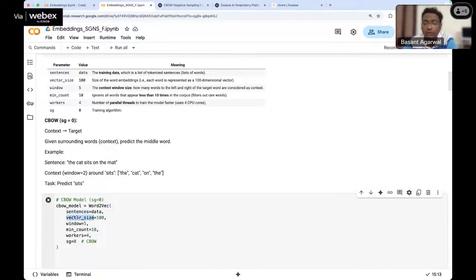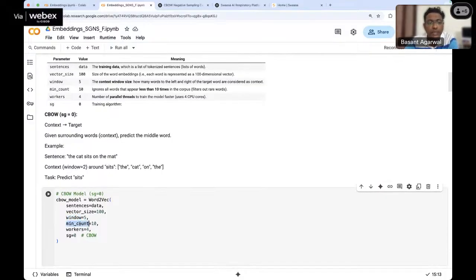Next is the word vector size. Vector size is 100, meaning I want the representation of each word to be 100 dimensional. Now this is the window parameter, which is how much context size I want to take from left and right for a given target word.